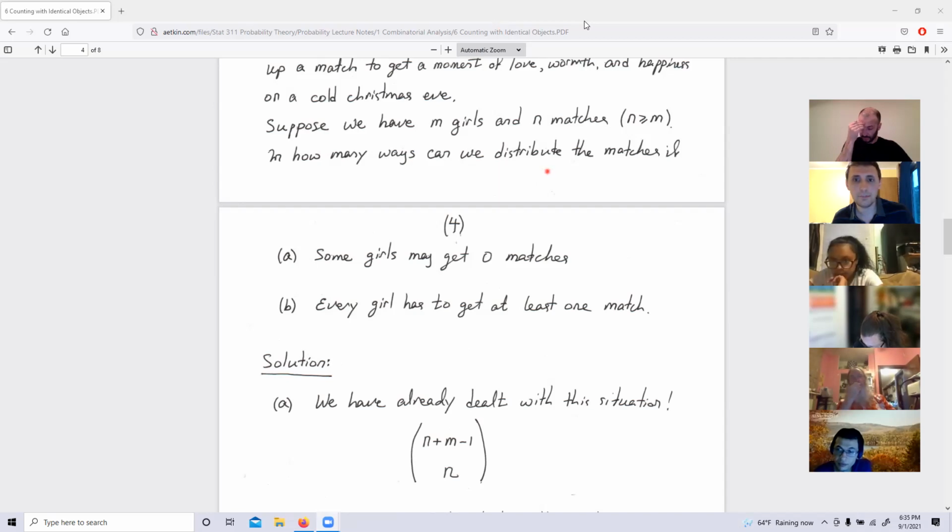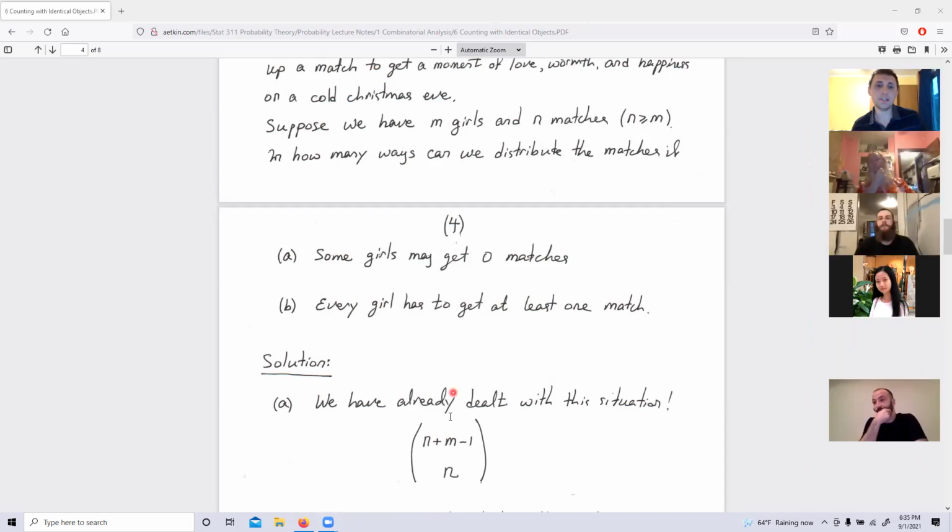All right, guys, let me tell you what you can do. Why not reduce it to a previously solved problem? I mean, you can just give the matches that each has to have. Each has to have a minimum of one match, right? So that means that we had initially N matches to distribute. We might as well suppose we have N minus M matches to distribute.